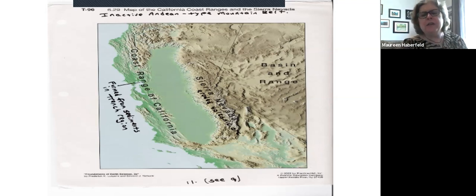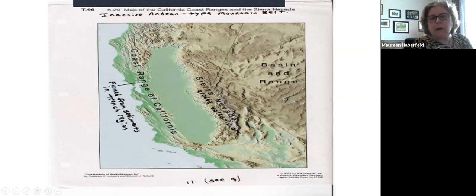Now I mentioned that Yosemite was an example of one of these. And Yosemite is actually an old eroded one. Here's the Sierra Nevada mountains, where Yosemite National Park is located, an eroded volcanic arc. What you're seeing is everything's been eroded off the top. So you're actually seeing the granite there is the magma chamber.